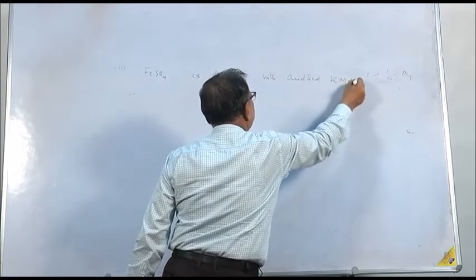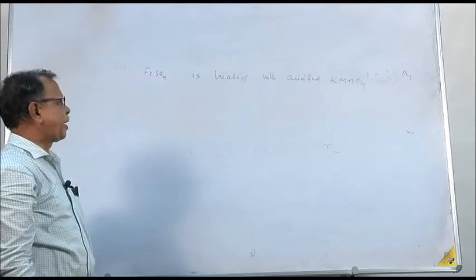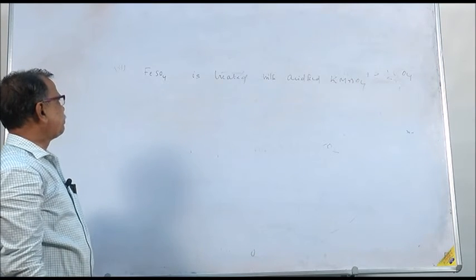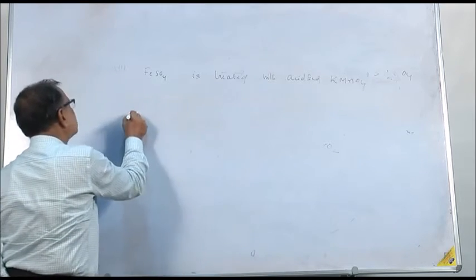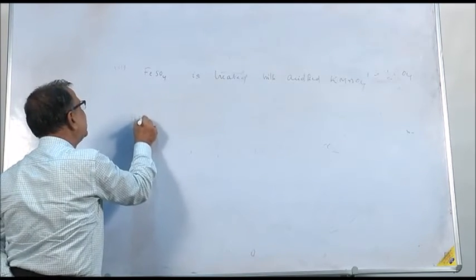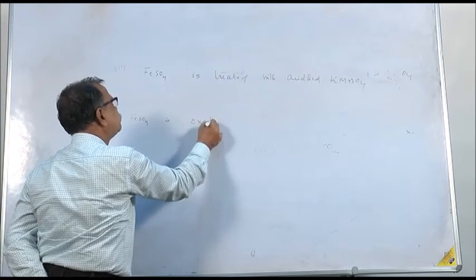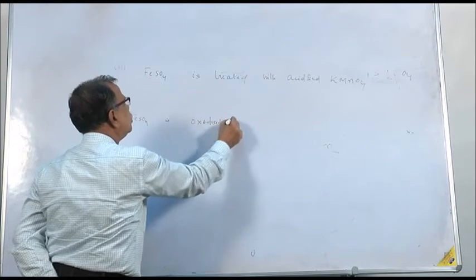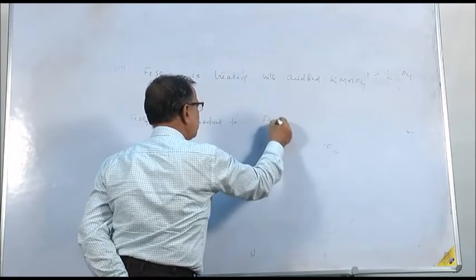The answer will be: when ferrous sulfate is treated with acidified potassium permanganate, then ferrous sulfate is oxidized to ferric sulfate, Fe2(SO4)3.